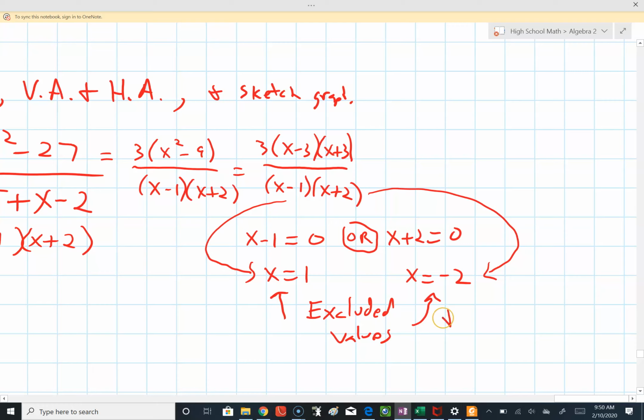Excluded values and vertical asymptotes in this case. Excluded from the domain, we mean to say, specifically. The domain, although this one's not asking us for it, would be all reals except 1 and negative 2. Any questions?